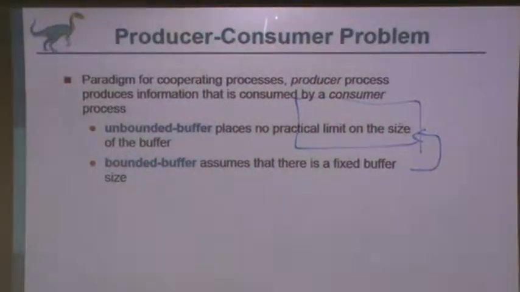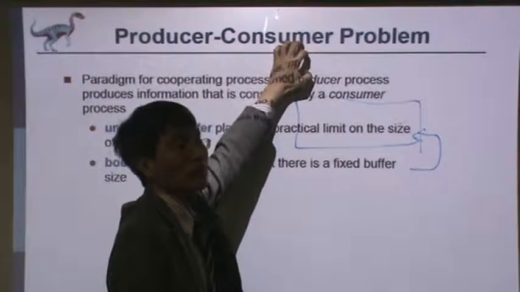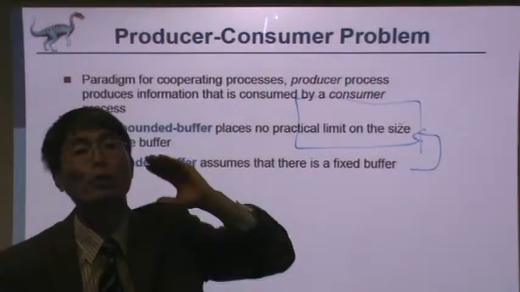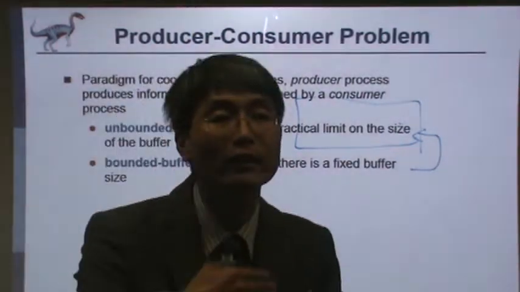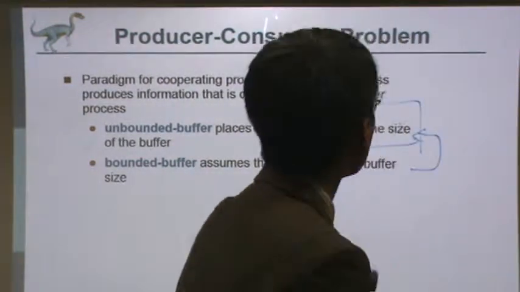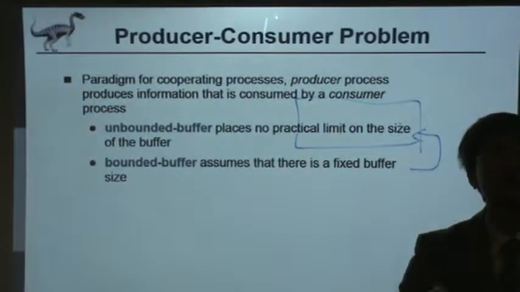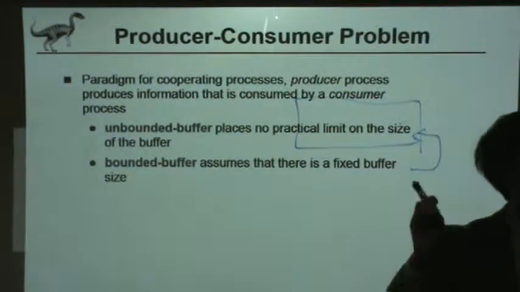So we can understand such a communication as the producer and consumer problem, which means the producer is one process, the consumer is another process. The producer process provides the information, any data or message. Then the consumer listens, consumes, reads the data, takes the message.